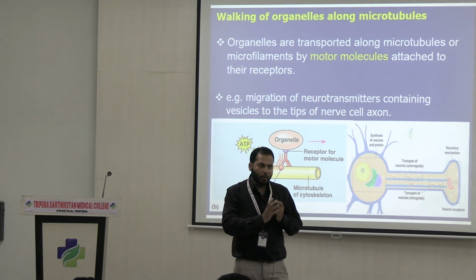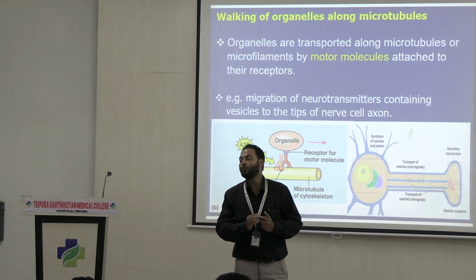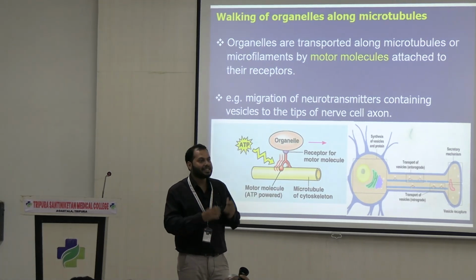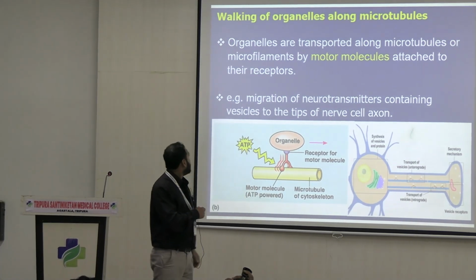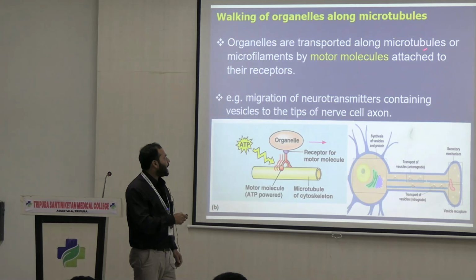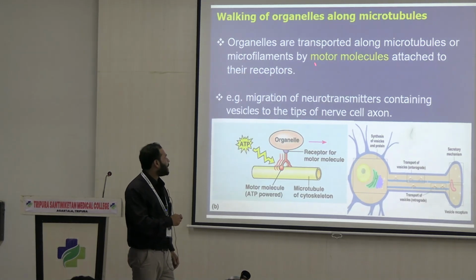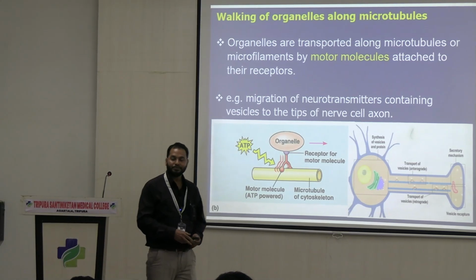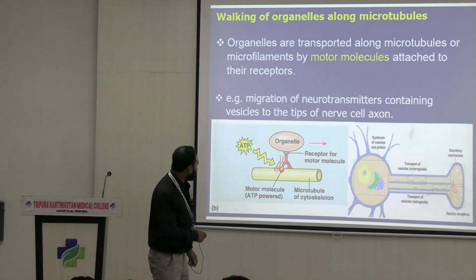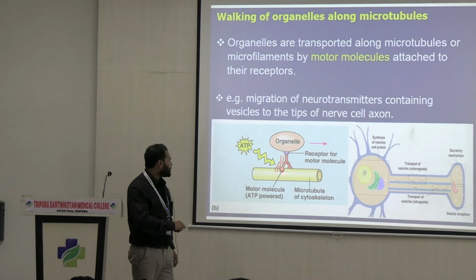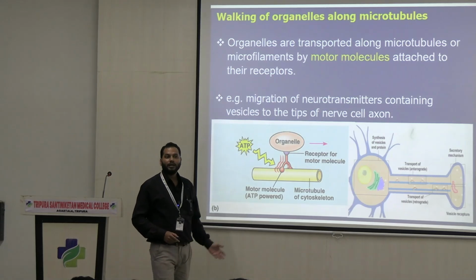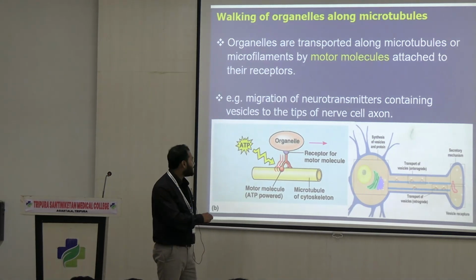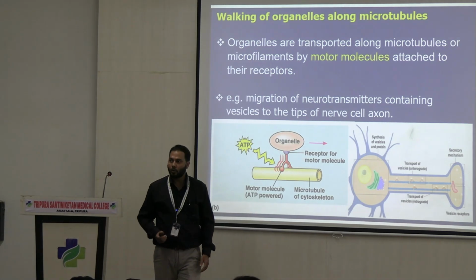All these three components are involved in the working of cell organelles inside the cell cytoplasm. The organelles are transported along microtubules or microfilaments by motor molecules that are attached to their receptors. You can see here, this is the microtubule structure again. On the surface of this microtubule structure, this is the molecular motor protein.